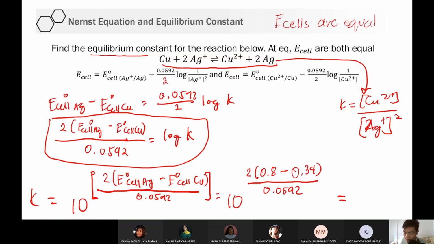Okay, so let's solve for that. 10 raised to this. So the answer is 3 times 10 raised to 15. Okay, so 3 times 10 raised to 15.